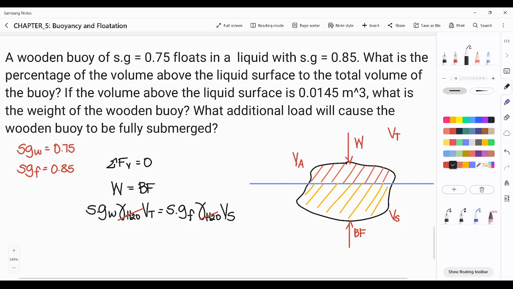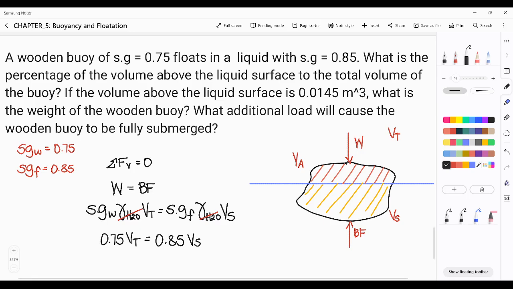And we are given two specific gravities. Yung specific gravity of the wood, which is 0.75 VT, multiplied by the specific gravity naman ng fluid, that is 0.85 times the volume submerged.